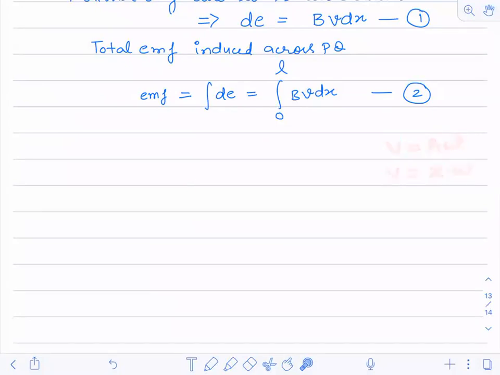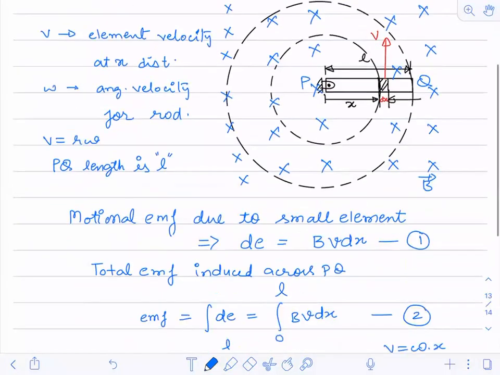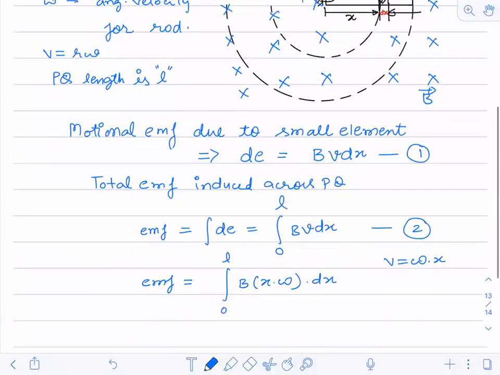So now see here, EMF is equal to integral from 0 to L of B x omega dx. I've substituted V equals omega into x, because it is rotating at x distance, because that element is x distance from the axis of rotation.